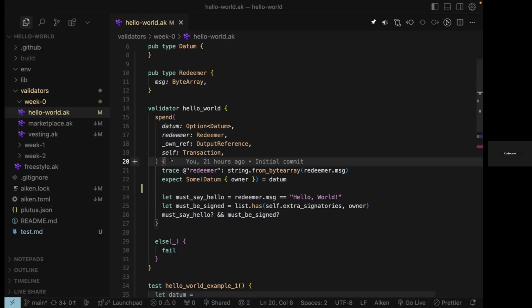I think the validator is only going to run when you're trying to spend the value in it. So if you can imagine, hello world is a script address on chain. And I use my wallet and I send 10 ADA to this script address that we are calling hello world.